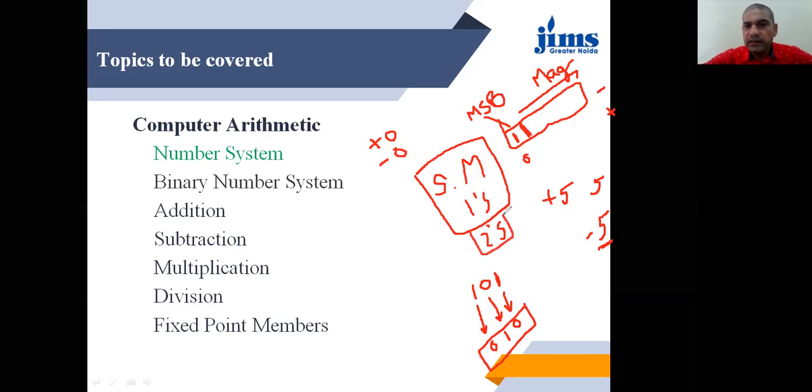To find twos complement, let us take the same example. I have to find the twos complement of 5. First of all, I write the binary equivalent of plus 5, and that is equal to 101. We know it.